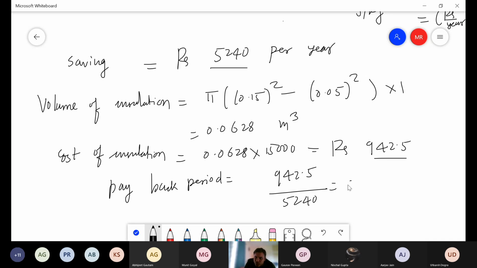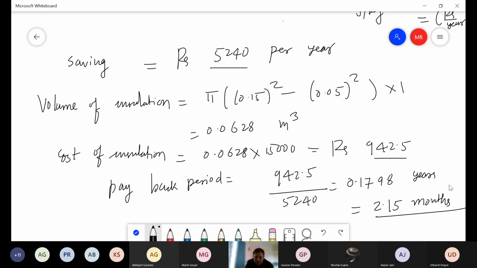It comes around 0.1798 years. Okay, in months, I can multiply this by 12. We will get 2.15 months. So between 2.15 months, even this 0.15 we can convert into days, 0.15 into 30, let's say.